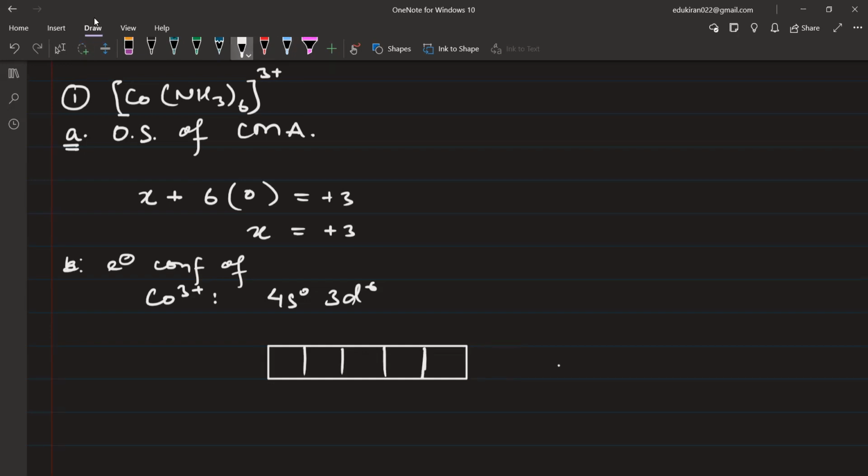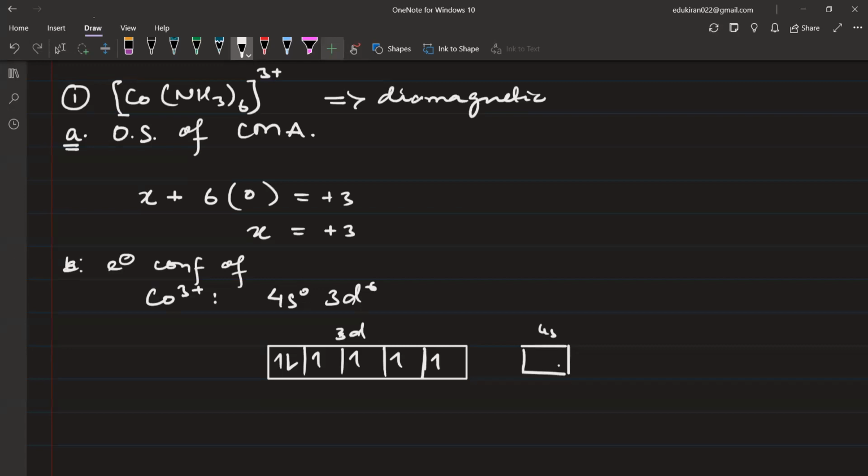Okay, and then we have, this is the 3d, and then you have the 4s. So in 3d we have 6 electrons. So 1, 2, 3, 4, 5, and 6. Do you see any unpaired electron here? Yes or no? Please tell me. Yes. Okay, now there cannot be any unpaired electron. Why? Because this is diamagnetic. They have said this is diamagnetic.